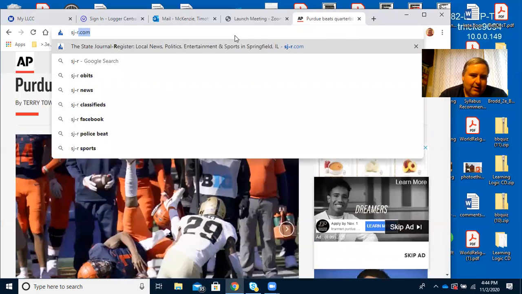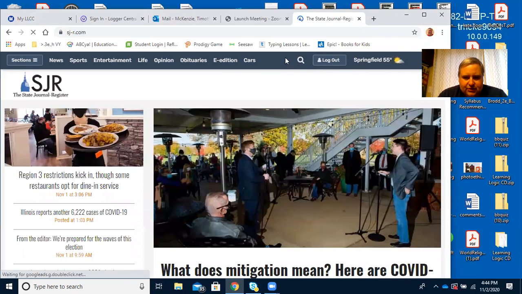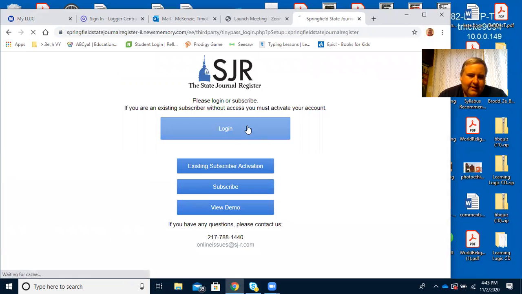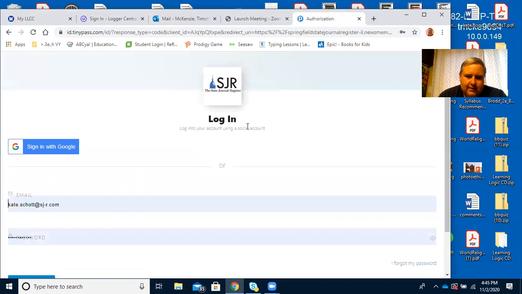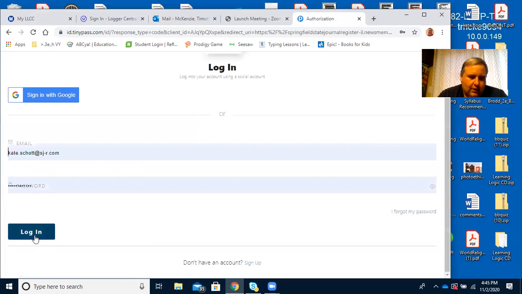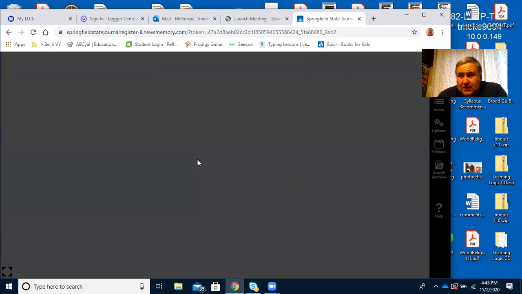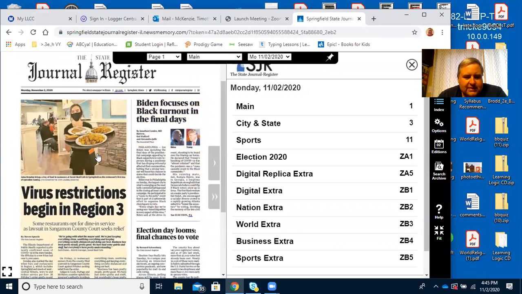Well, if we go to the State Journal Register and we go to their e-edition, you'll find the same thing online. If you're flipping through a paper as well as websites and you see a picture, you're like, well, what's this a picture of?